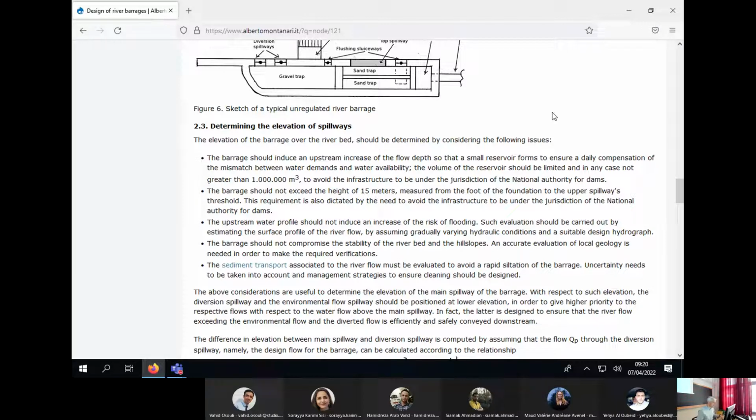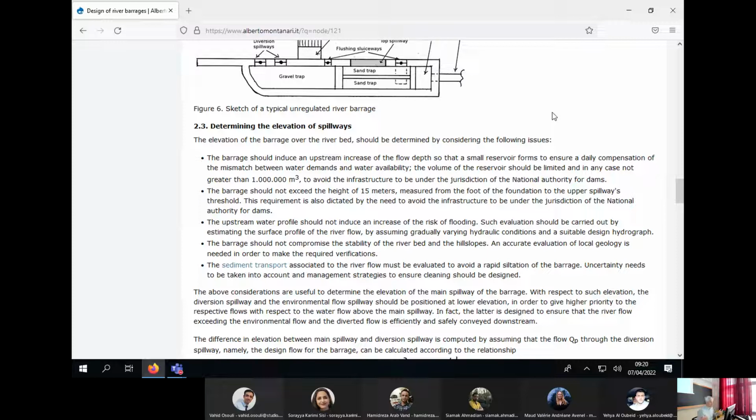Before I move forward with the relationship, let me discuss a little bit the general criteria for deciding the elevation of a barrage. It's clear that when we build a barrage, we can build a low barrage or a high barrage.